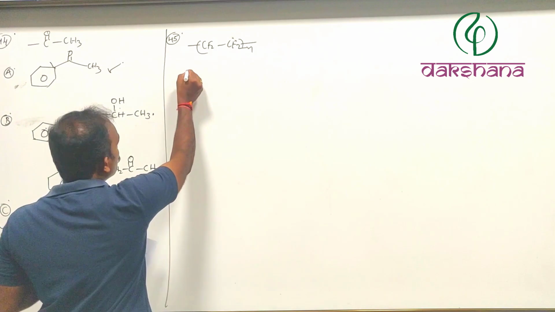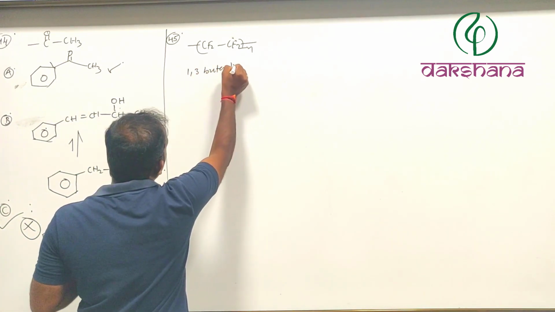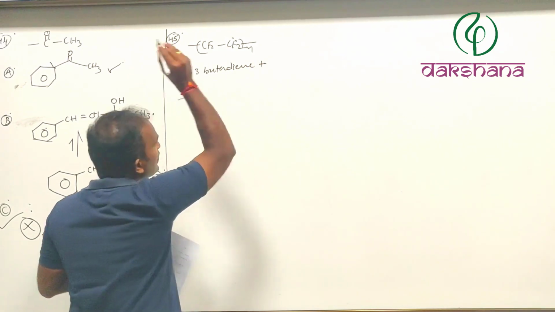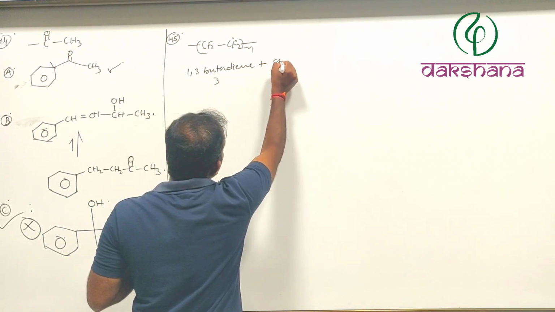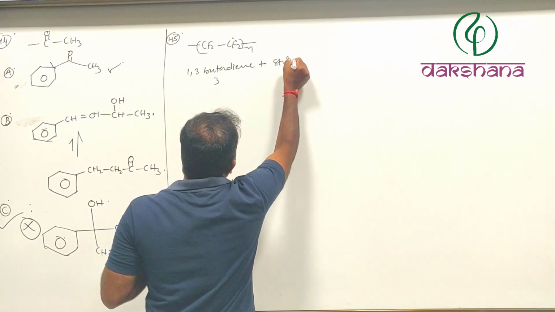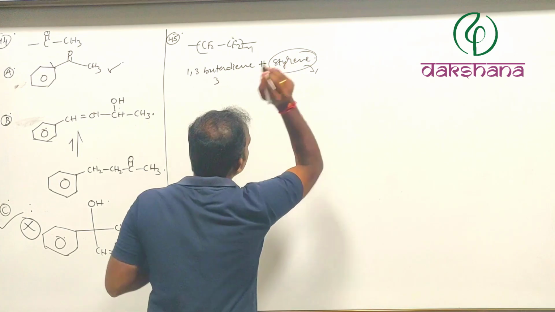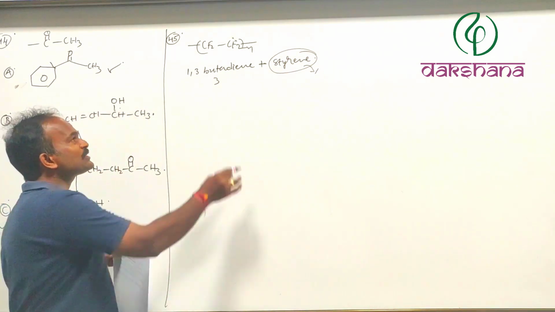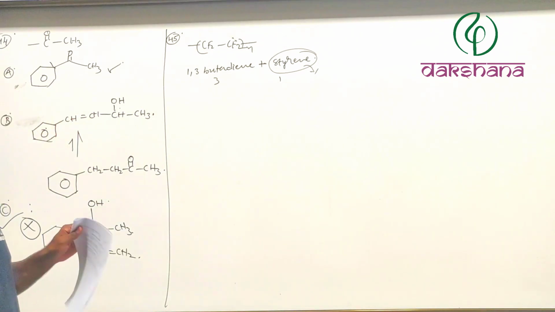Buna S is formed by 1, 3 butadiene and styrene, in a 3:1 ratio. This is the gas which was released in Vizag.